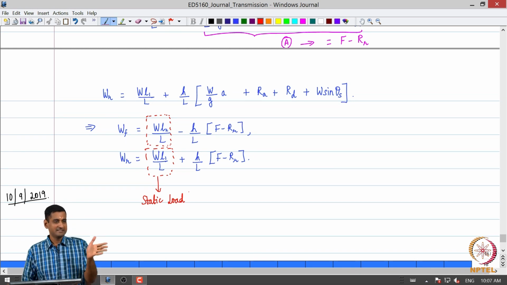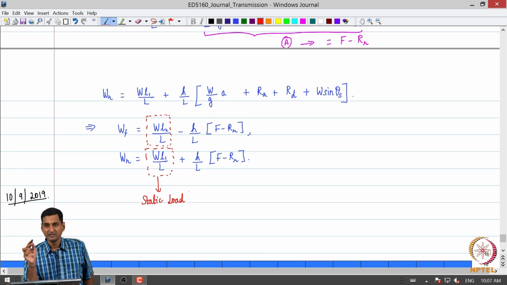That is, let us say the vehicle is standing on a flat road, at rest, then WL2 by L and WL1 by L will be the static load distribution between the front and the rear respectively, right. So that is how we get the longitudinal location of the center of mass also. Okay. So we can immediately observe that the first term on the right hand side of both equations indicates the static load. Okay. So just to highlight that further.